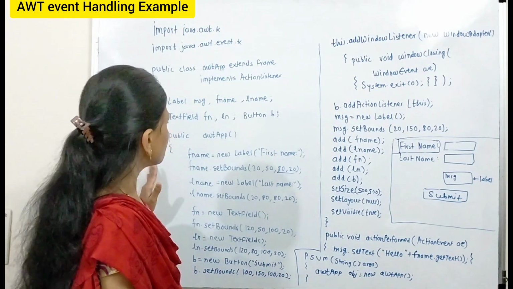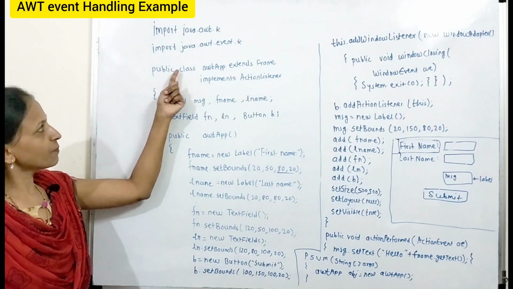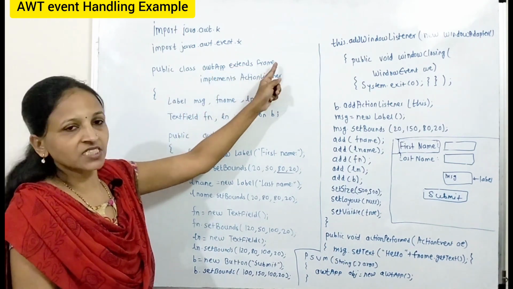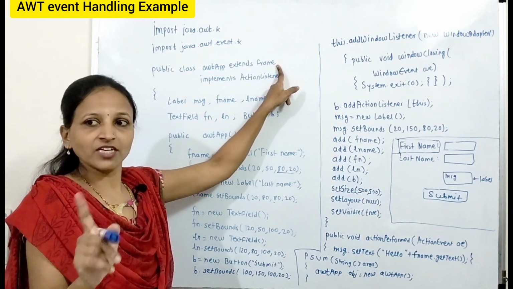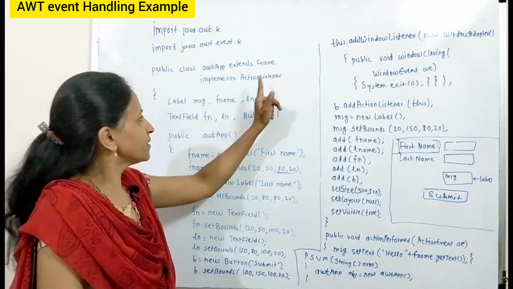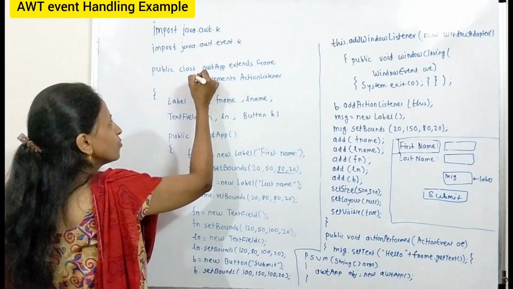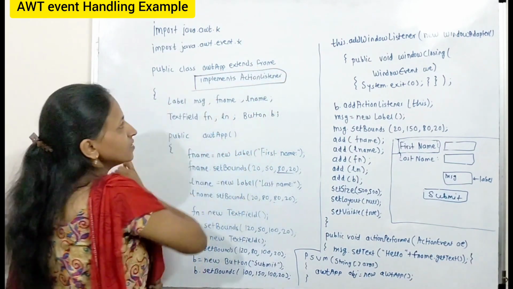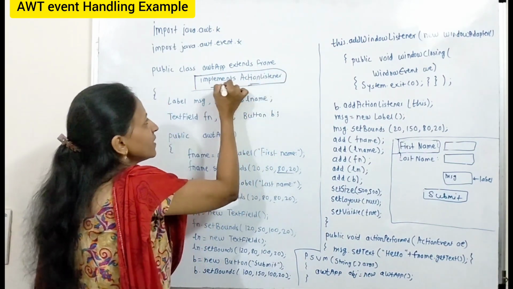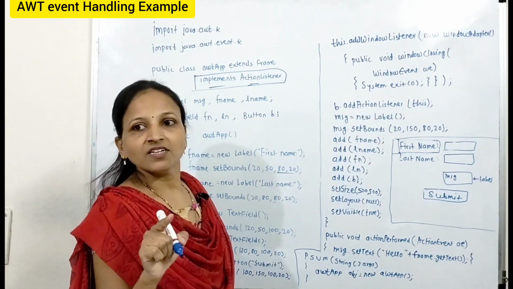Now the next point: I have written public class AWTApp extends Frame. Frame means here we are creating one graphical user interface. Then implements ActionListener. This is a very important part here. What is this implements keyword? When do we use it?